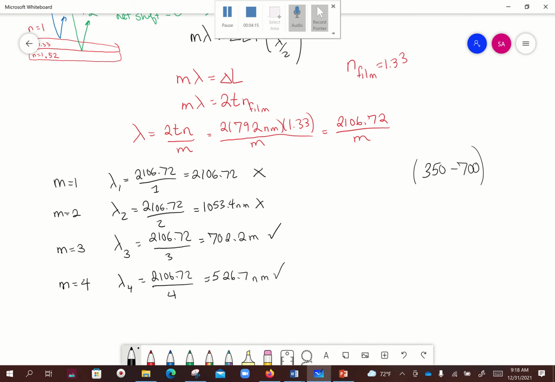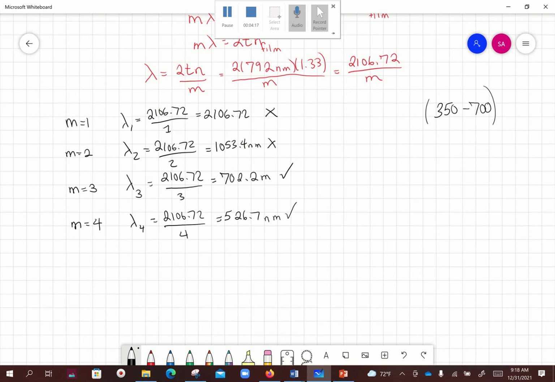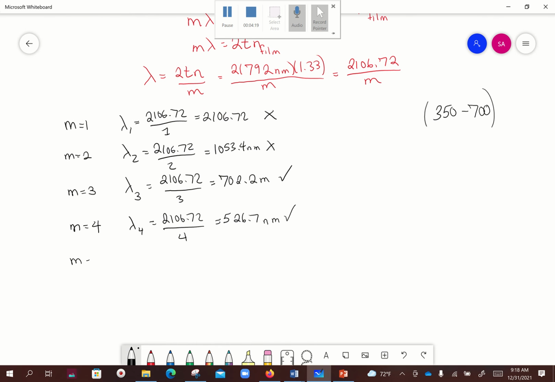So that one's visible. All right, that'll be a green. M equals 5. So we got 2106.72 over 5. I get 421 nanometers. So that one's also visible.